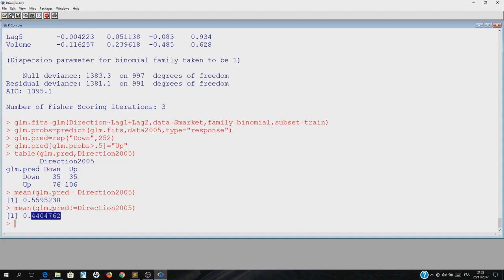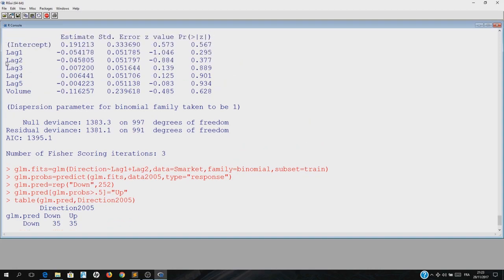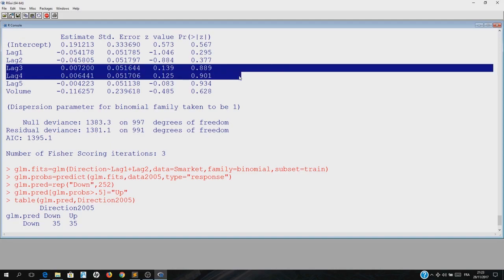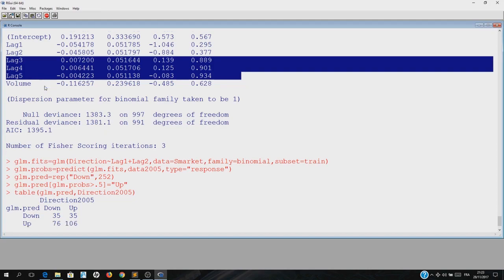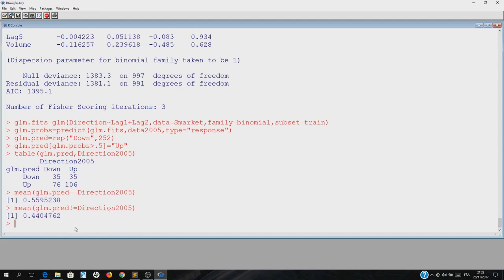So this model is way better than the previous model just by taking out the features that have a high p-value, aka features that we don't need. I hope you understand this really well. If you didn't, just repeat the video again.